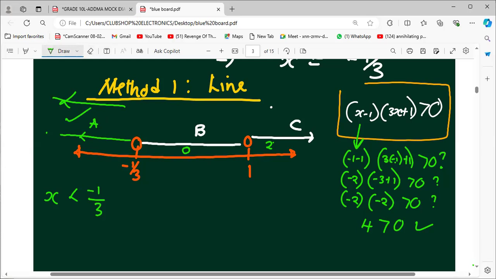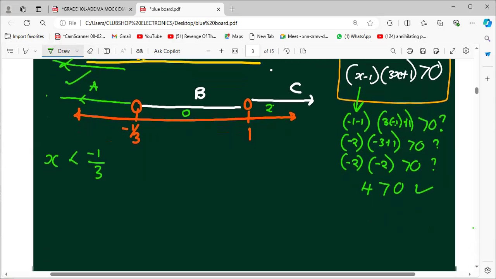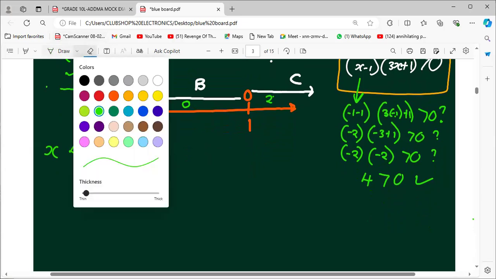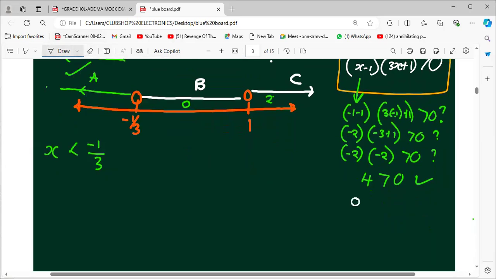How about B? The same, we will pick 0. If I pick 0, what are we going to have? We are substituting in that inequality: 0 minus 1, times 3 times 0 plus 1, greater than 0.